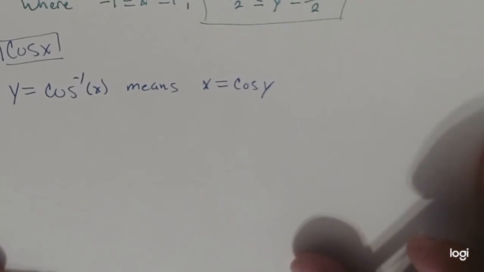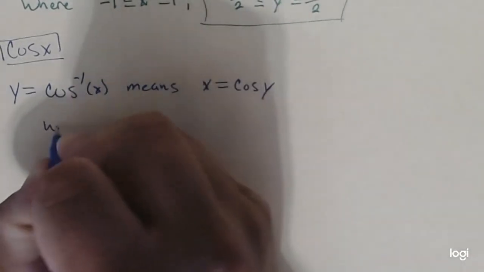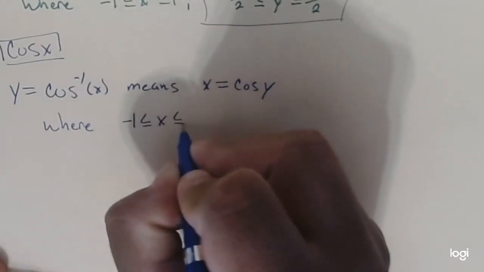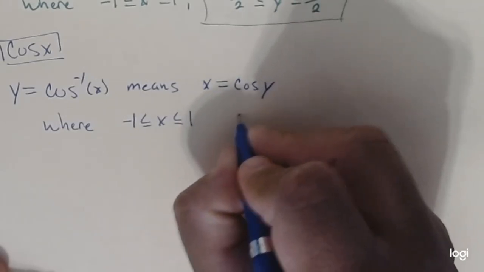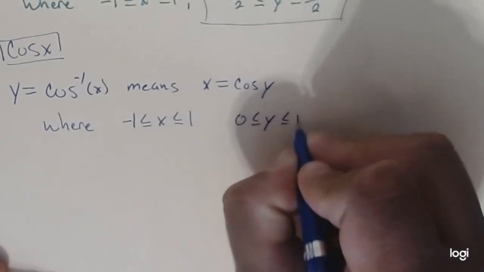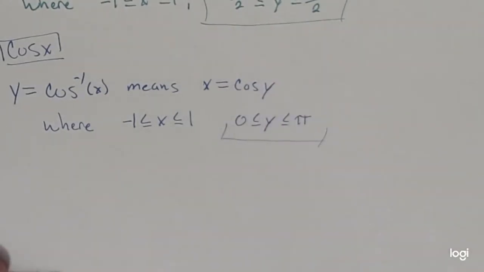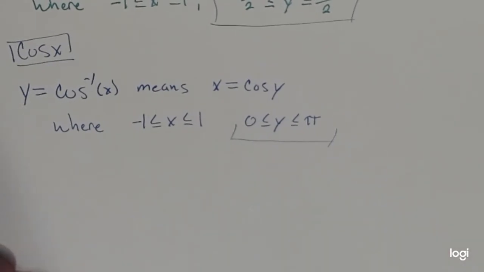The same concept comes into play, right? We just go the opposite order. So the domain is still between negative 1 and 1, but the range, however, is between 0 and pi. So knowing the ranges is going to be very important throughout this entire chapter. Okay, so that's cosine itself.